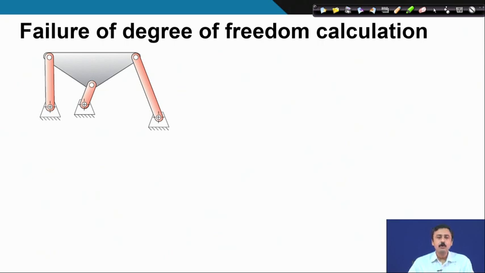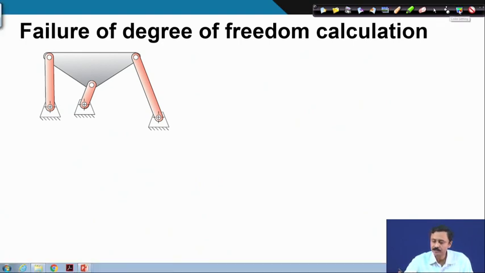Now, we will look at the failure conditions. Here I have shown you a mechanism, a kinematic chain. Let me calculate the degree of freedom. I will number the links first. Ground is 1, 2, 3, 4, 5.